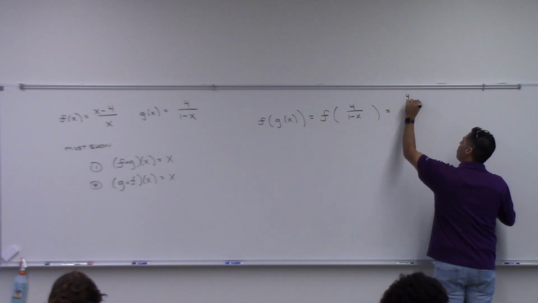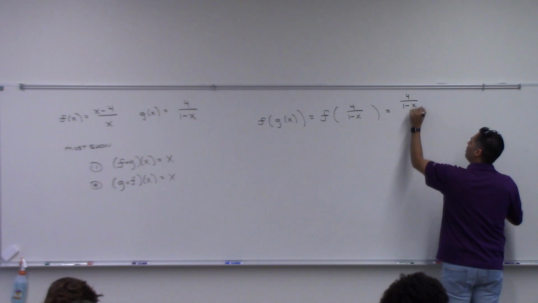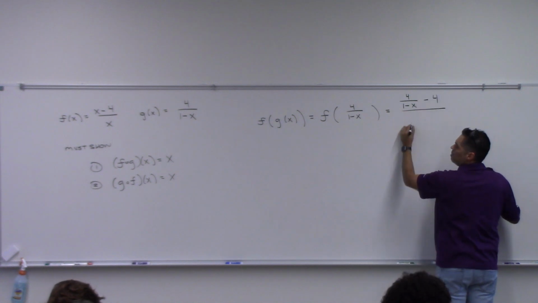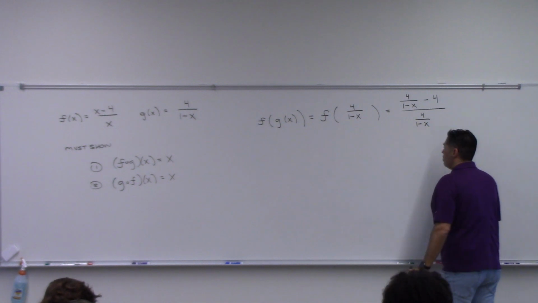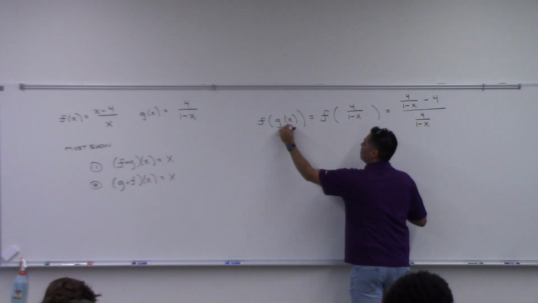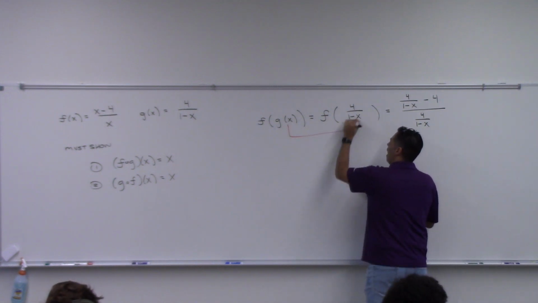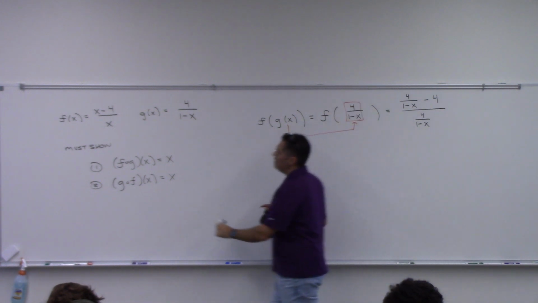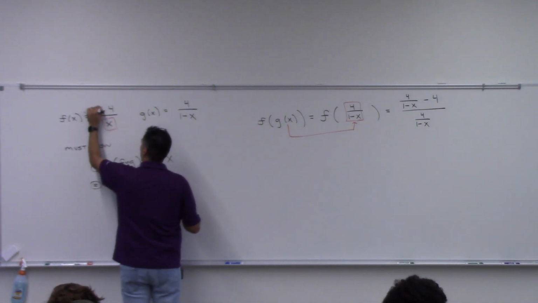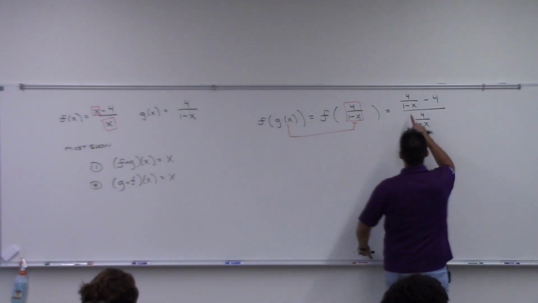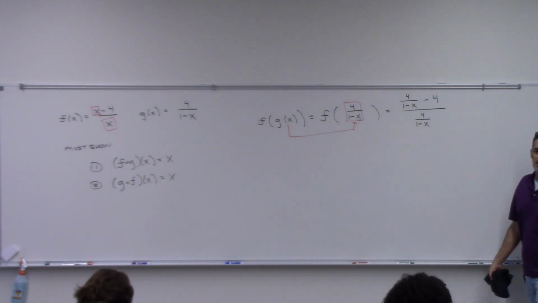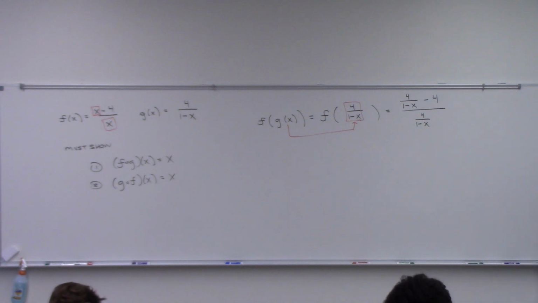You get 4 over 1 minus x minus 4 over 1 minus x. So, right, all I did was replace g with g, and then I took that and I plugged that into f right here and right there. I replaced both of those red x's with these two things. I have to clean this up, and I have to show that that's equal to x.